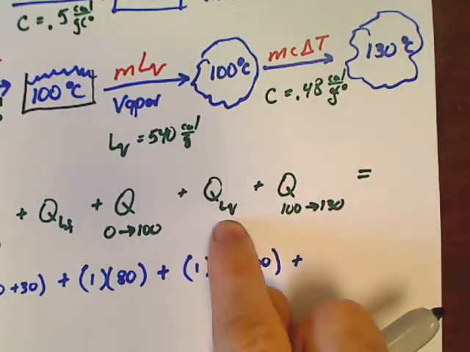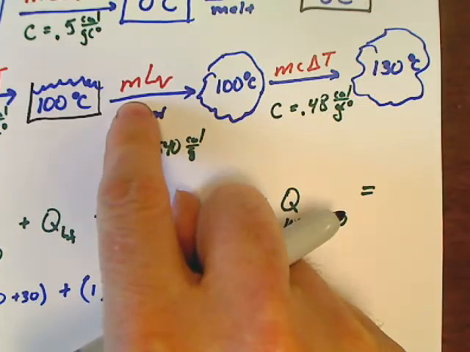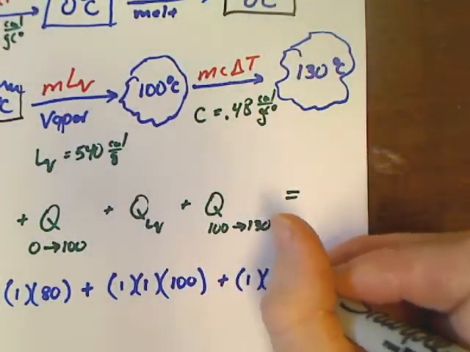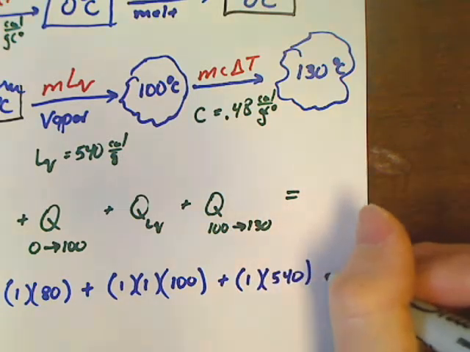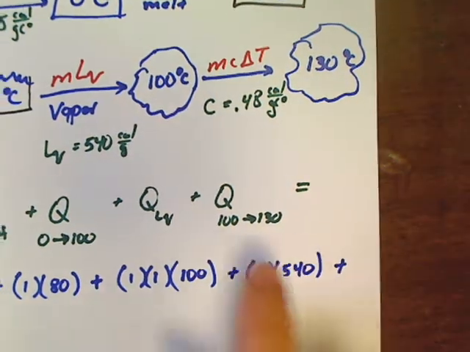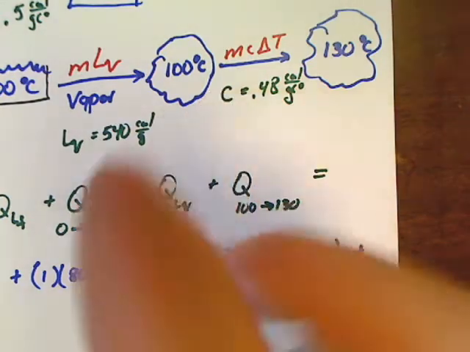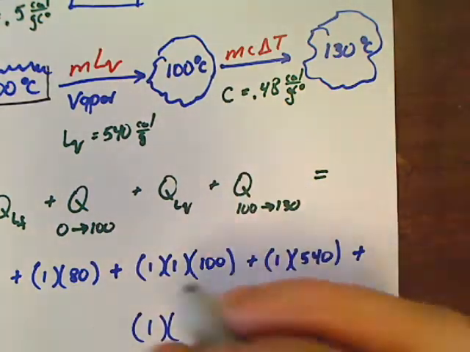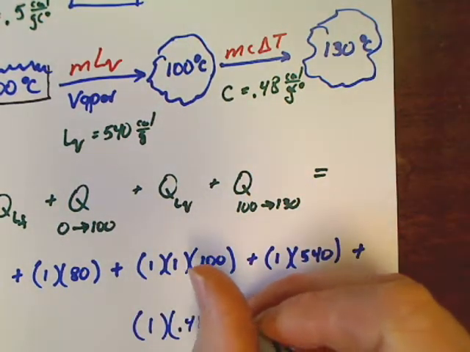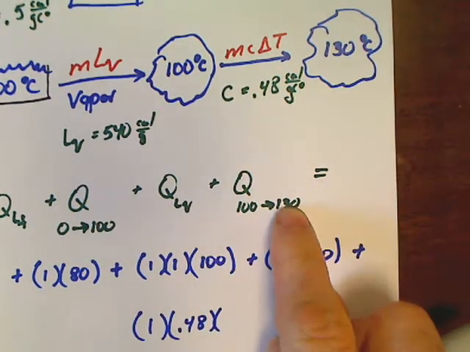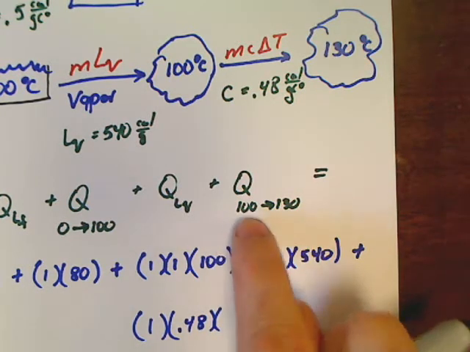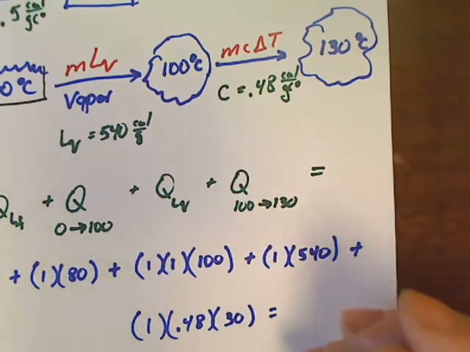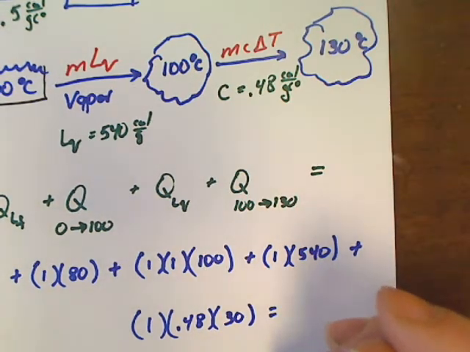Plus LV. Now we're at the point where we boil it. MLV would be 1 times 540. Plus, I'm running out of room, one more MC delta T: 1 times, we're steam now, so 0.48 times final minus initial, 130 minus 100, 30. Now I can put all this in the calculator and get my answer.